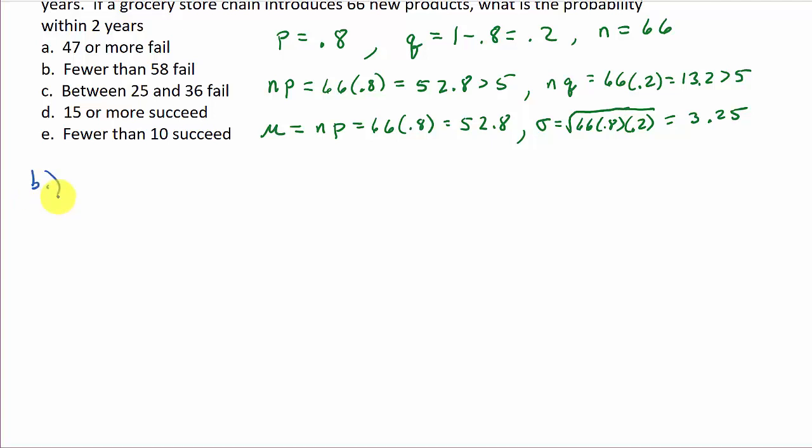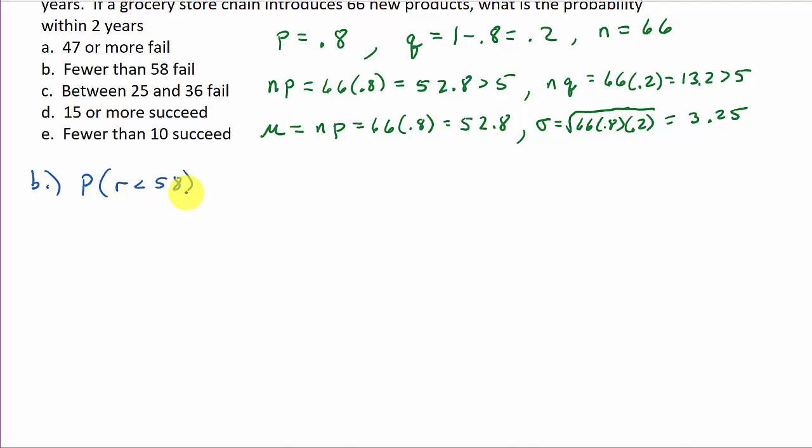We want the probability that fewer than 58 fail. So I've got the probability that R, my discrete random variable, is less than 58 fail. Now there's something you can do here.